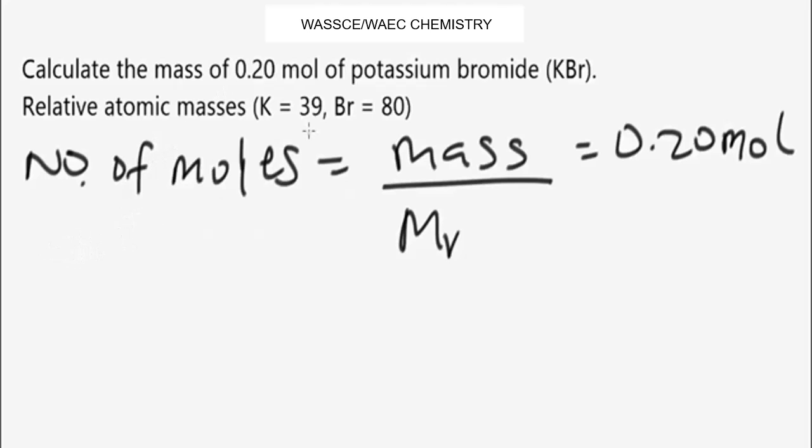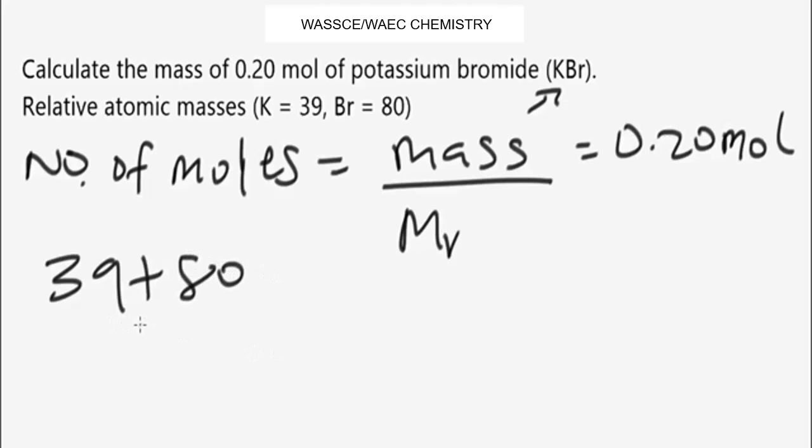We have the relative atomic mass of potassium to be 39, and we have 1 atom of potassium in this compound, so it will be 39 plus that of bromine, which is 80, and we have 1 atom of bromine as well. So it will be 39 plus 80.